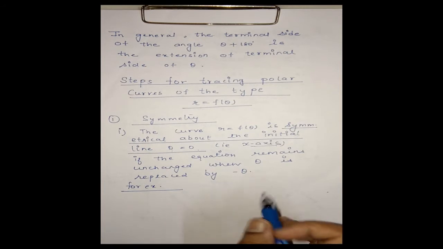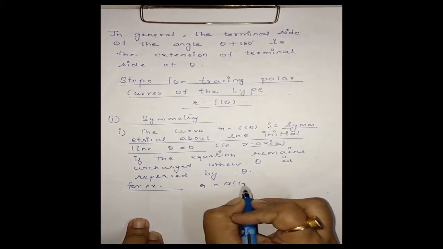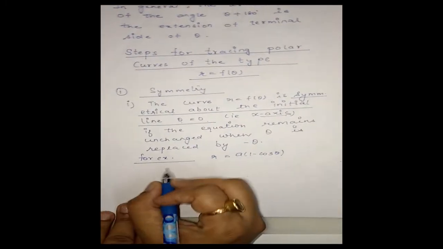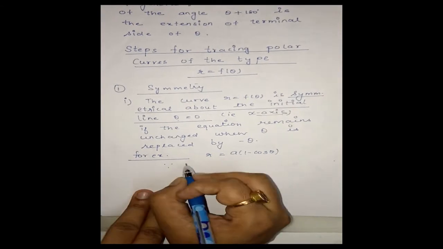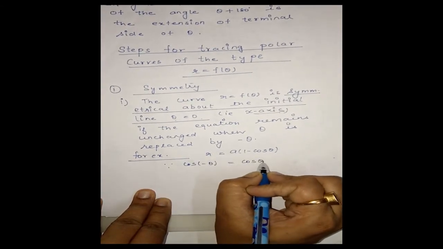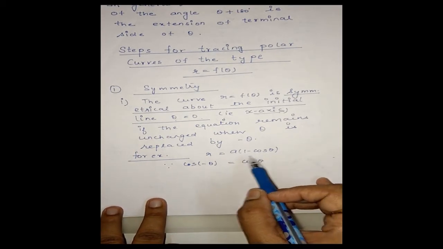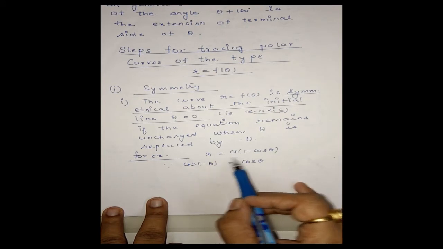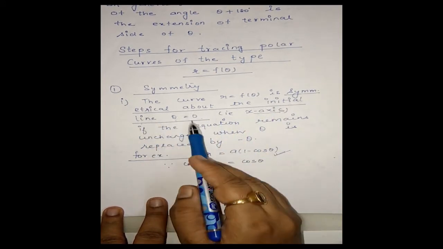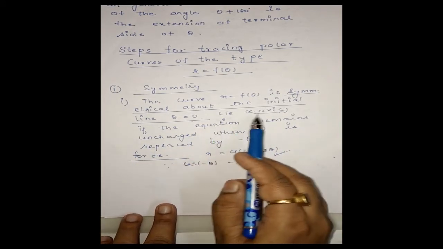For example, if I have the curve r is equal to a into 1 minus cos theta. Now we know cos of minus theta is same as cos theta. That means equation remains unchanged when theta is replaced by minus theta. Therefore, this particular curve is symmetrical about the initial line theta is equal to 0. That is the fixed line, polar axis.